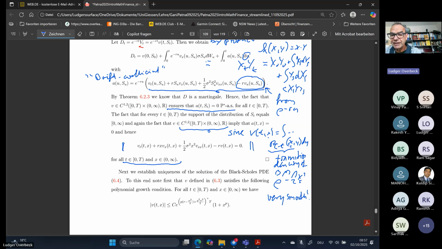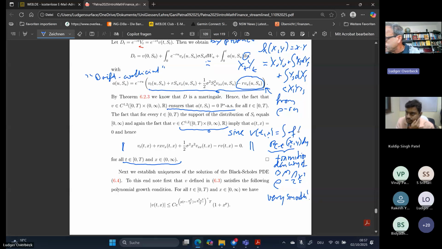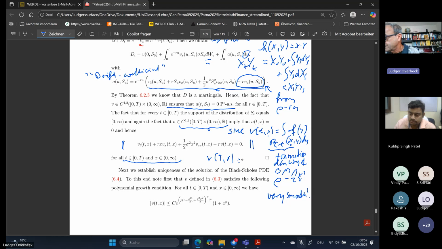Now here you see we didn't use f in this case, but here f does not appear. It's just a boundary condition which we have, because we know by definition that vT of x equals f of x.